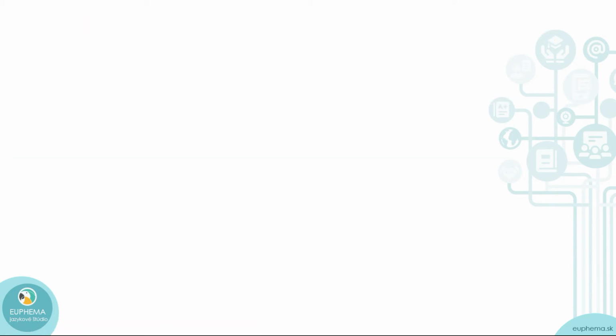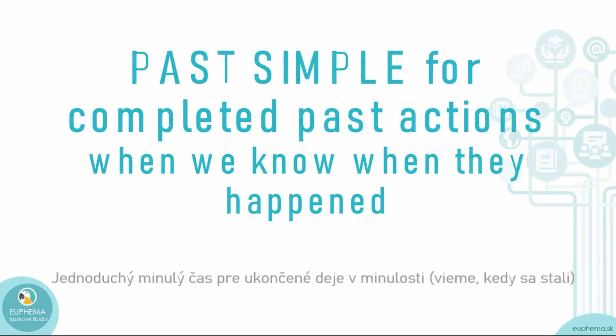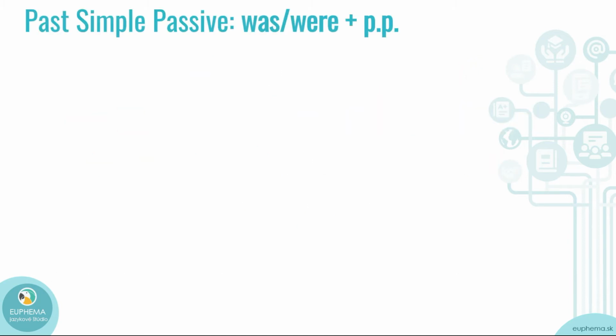Let's continue with past simple for completed past actions when we know when they happened. Well, for past simple passive, we'll need was or were, which are basically the past simple forms of the verb be, okay, was or were, plus past participle.